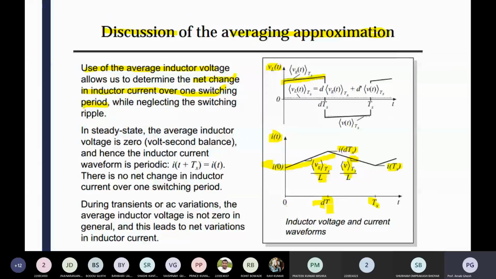So you can understand the inductor voltage and current waveform, where you get a steady-state response while neglecting the switching ripples. That is why the dotted lines are there. The dotted line stands for neglecting the ripples, and here you get an average value. It is not exactly zero, but nearer to zero.